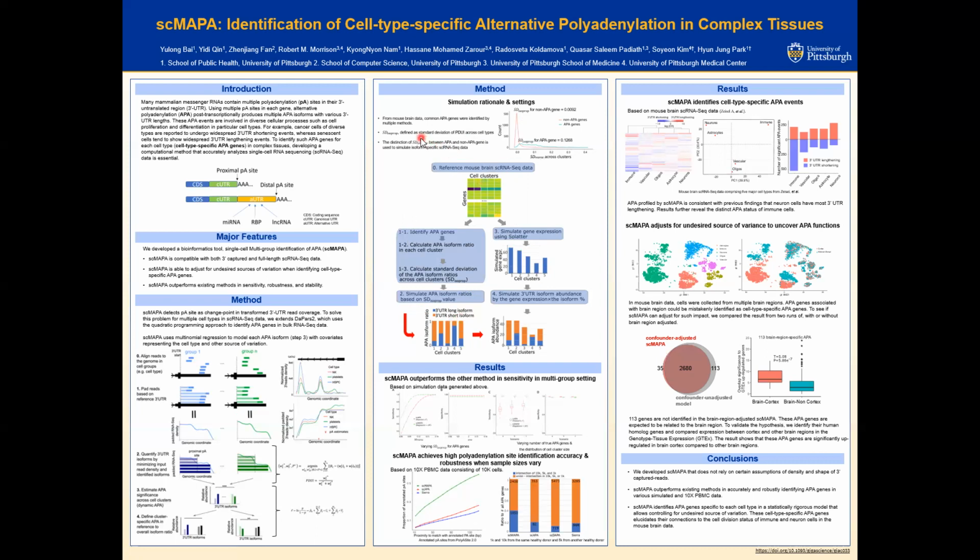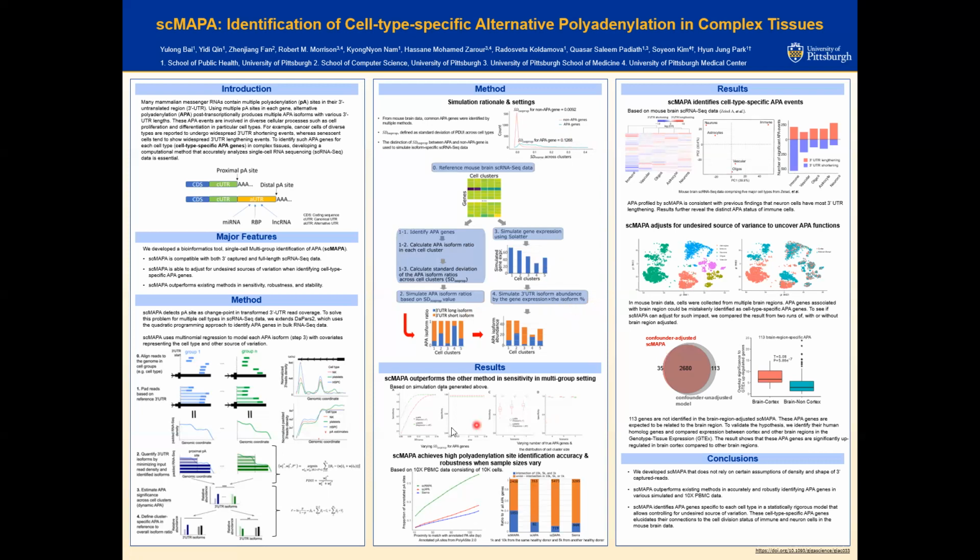SD isoprop is defined as the standard deviation of the proportion of APA isoforms across cell types. We found this measurement can effectively distinguish APA genes from non-APA genes, as shown in this density plot. Then, by multiplying these two matrices, we got the APA isoform specific matrix, which is the simulation data for benchmarking.